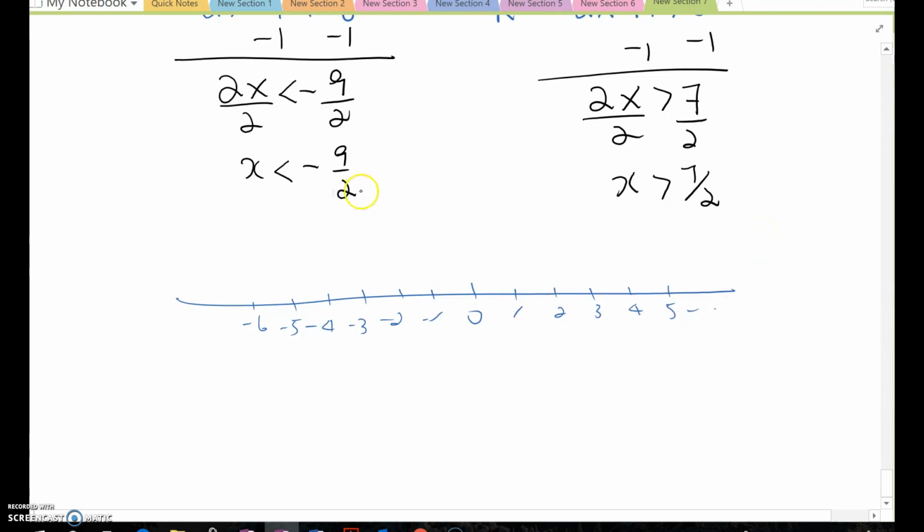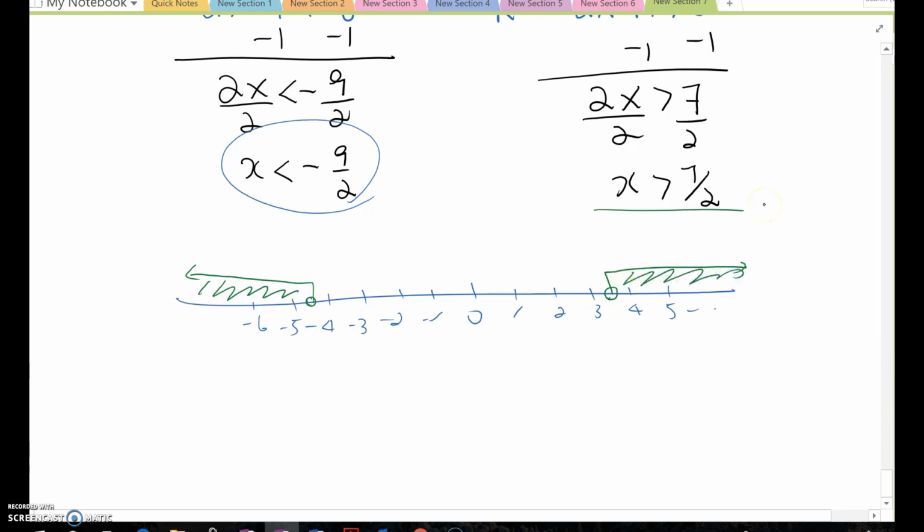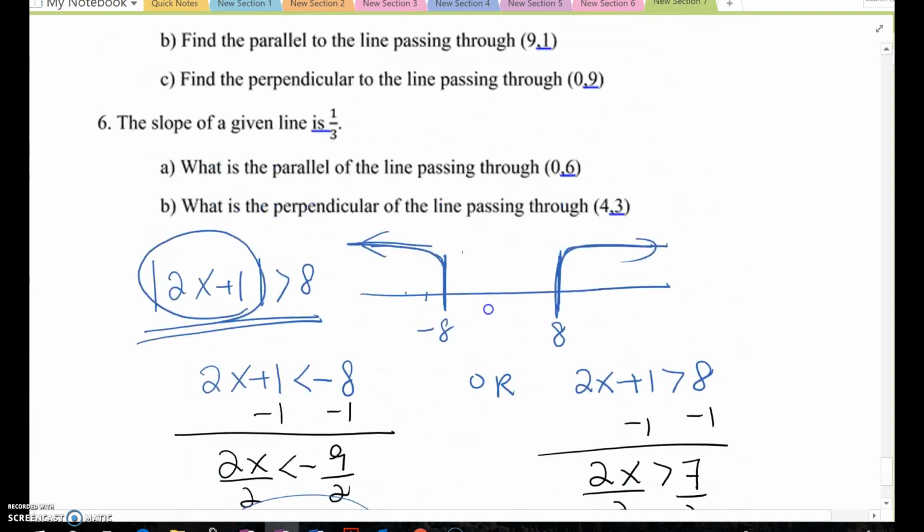Negative 9 over 2 means negative 4.5, so it becomes here, so it must be an open dot and go this direction. And now 7 over 2 means 3.5, so also not included here, and then go this direction. That will be the answer for this inequality. Okay, so let's move on.